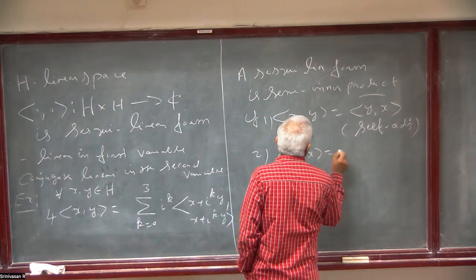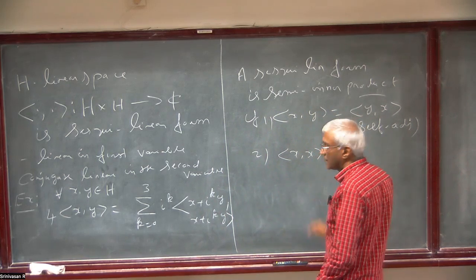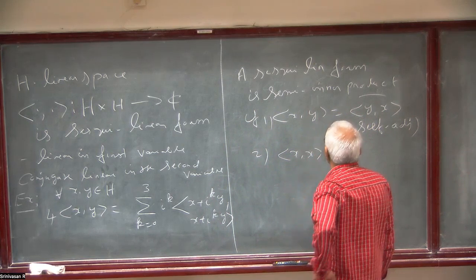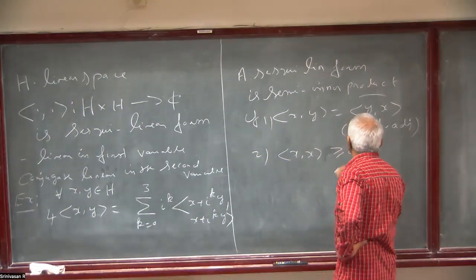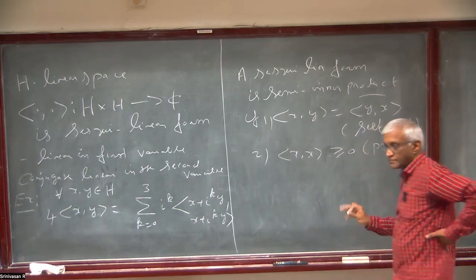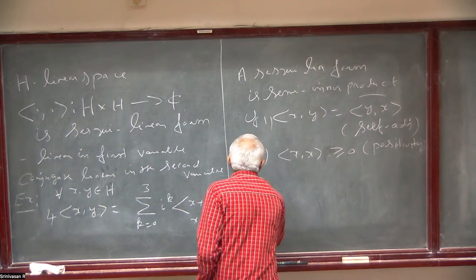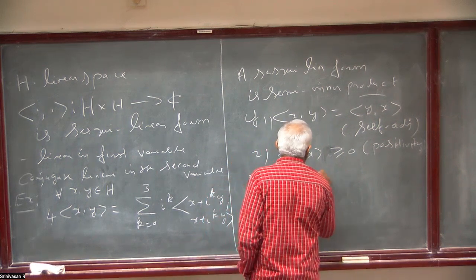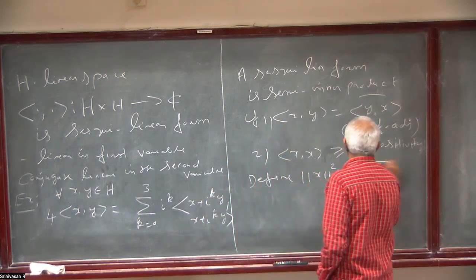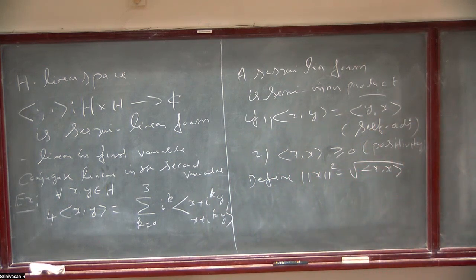Then this is called a semi-inner product. And we define the norm, which will be what is called a semi-norm.